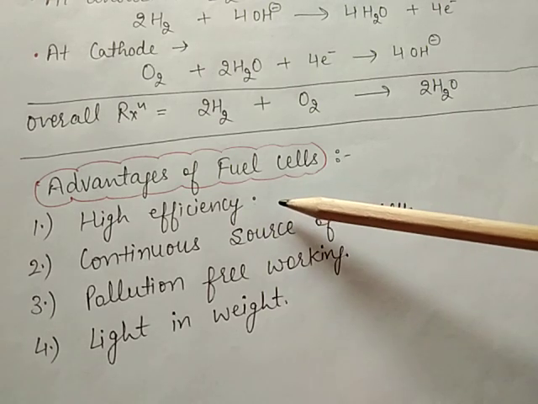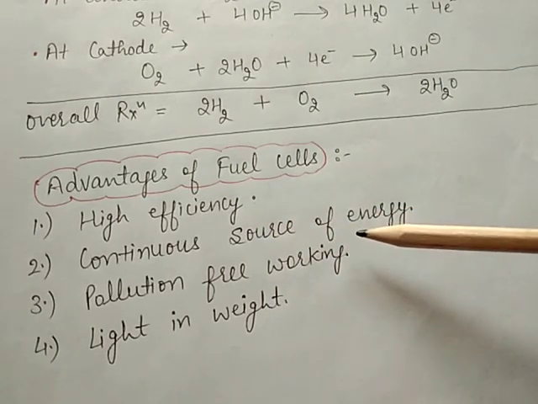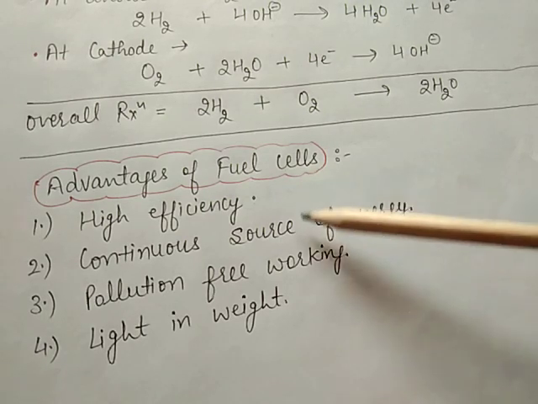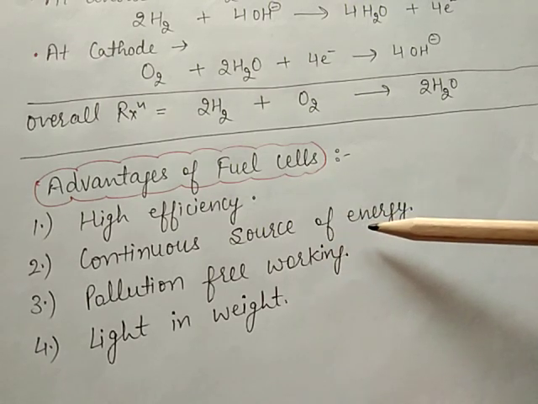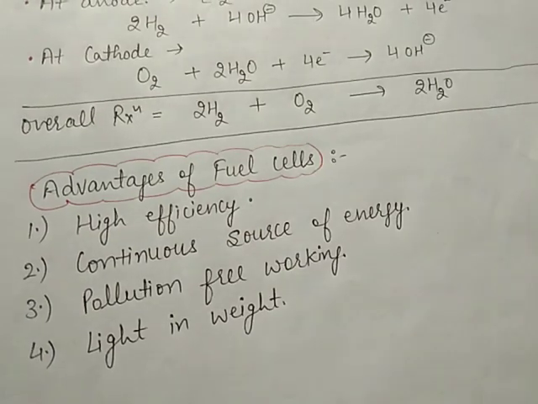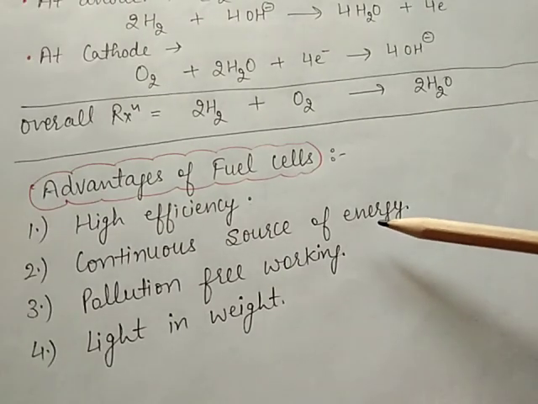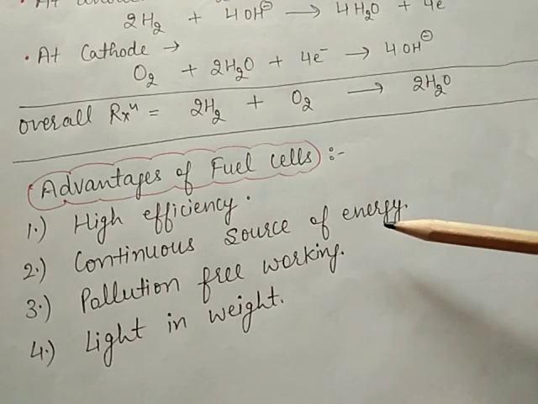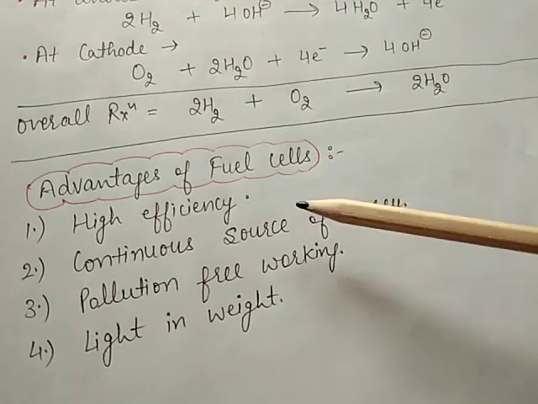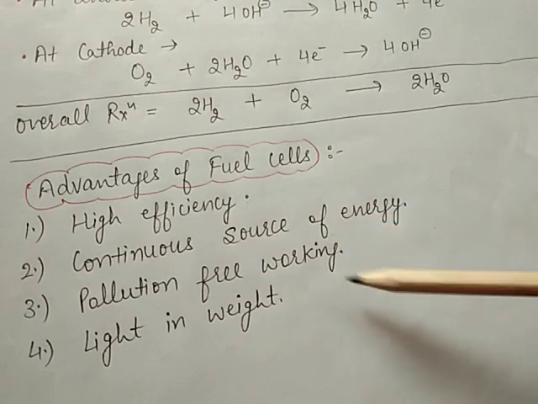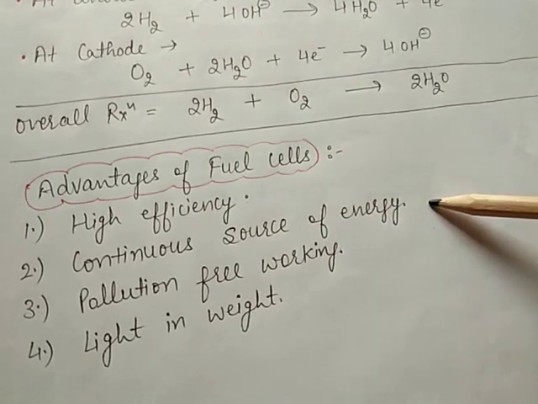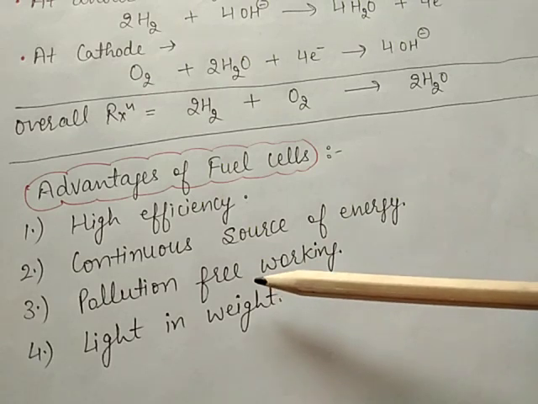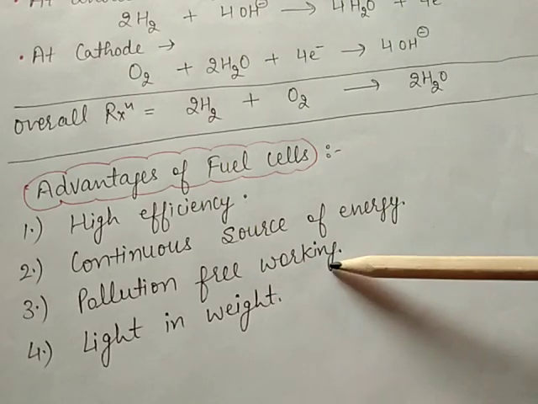Second, continuous source of energy, meaning there is no electrode material to be replaced as in an ordinary battery. So the fuel can be fed continuously to produce the power. Third, pollution free working.